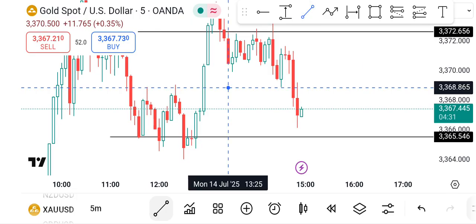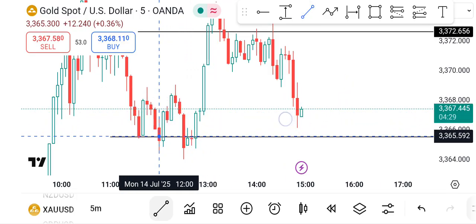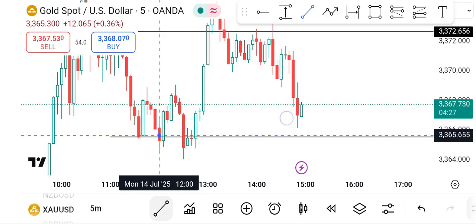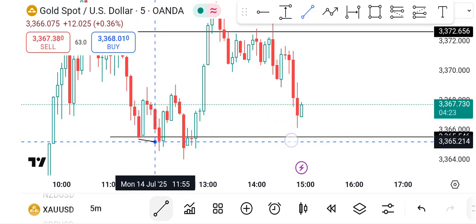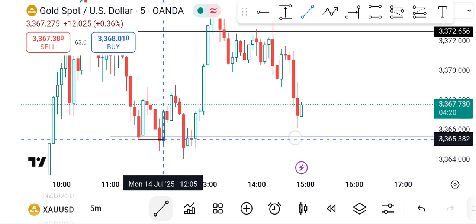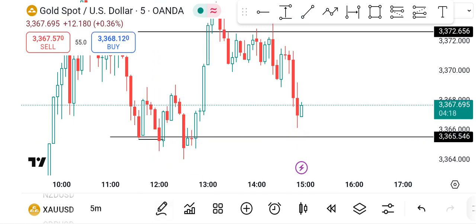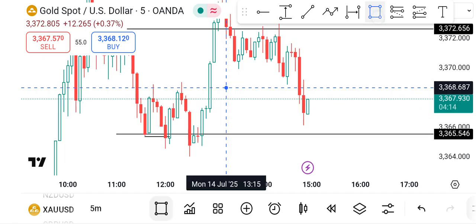As you can see, this is our order block because it swept the low of the CRT candle.